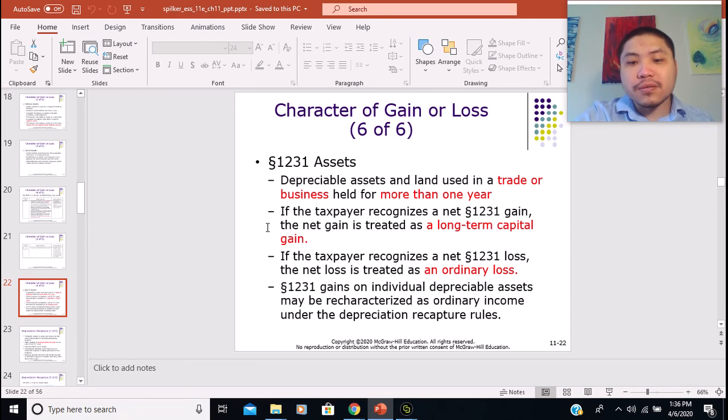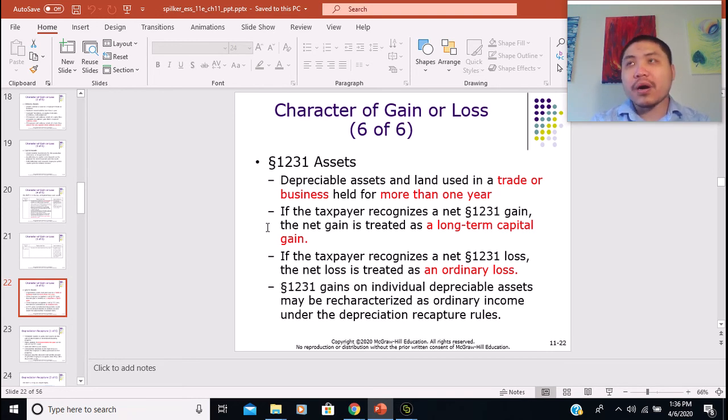So this gain is purely created by the depreciation. The market value, the economic value of the asset, doesn't change at all. So all the gain here is created by the depreciation, and it's going to be taxed at a preferential rate, which is kind of unfair to the IRS.